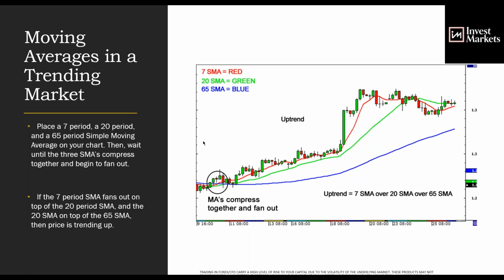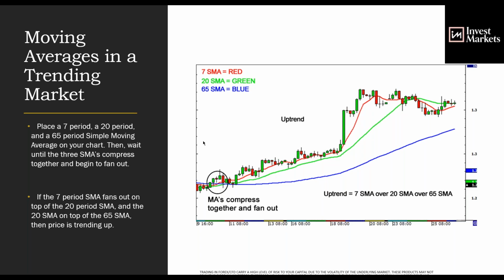Now, another way to define a trend, because price is messy, is a moving average, which takes the noise out of price. Simply putting a moving average on a chart, especially in our type of trading, a 20-period moving average, would at least give us some clarity of the price movement.